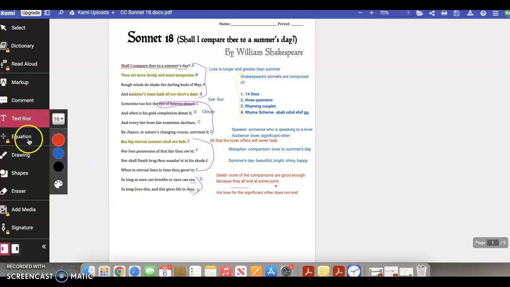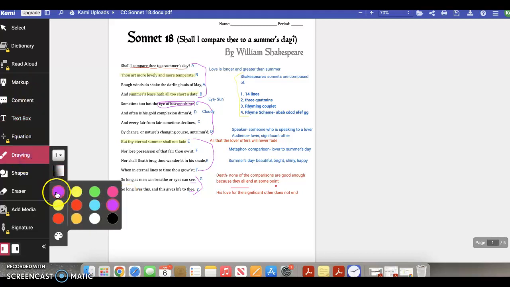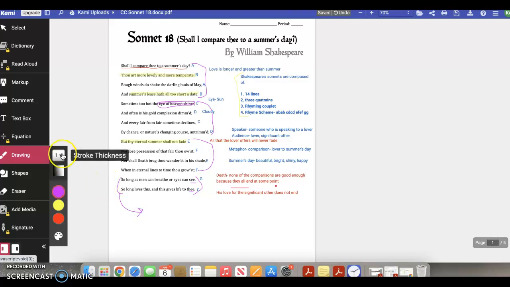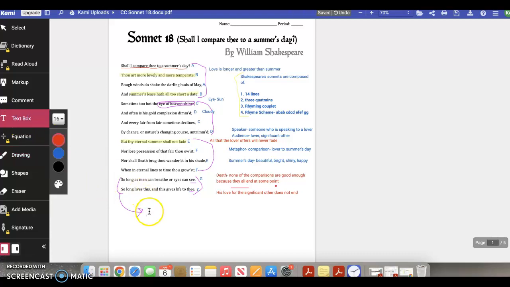So with this section here, he is saying that as long as there are people who can breathe and share this poem, or as long as there are people who can see the words on the paper, okay?